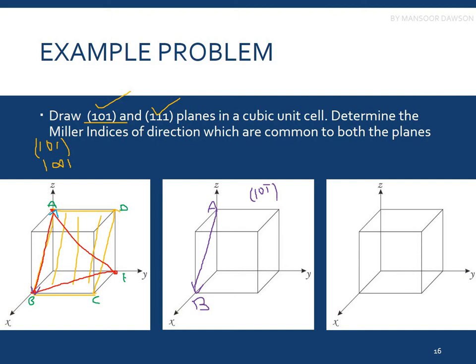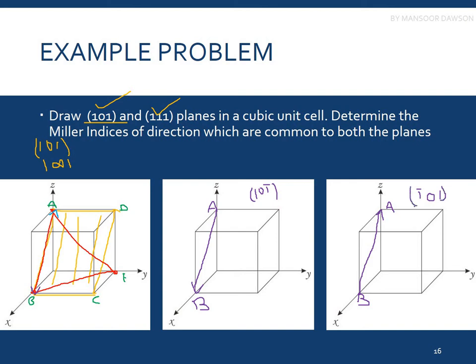If we are moving downwards, but if we look at just this, it is B to A, so the direction would be -1, since we have moved the origin now from 0 to X. So this is moving -1 in the X direction, 1 in the Z direction and 0 in the Y direction.